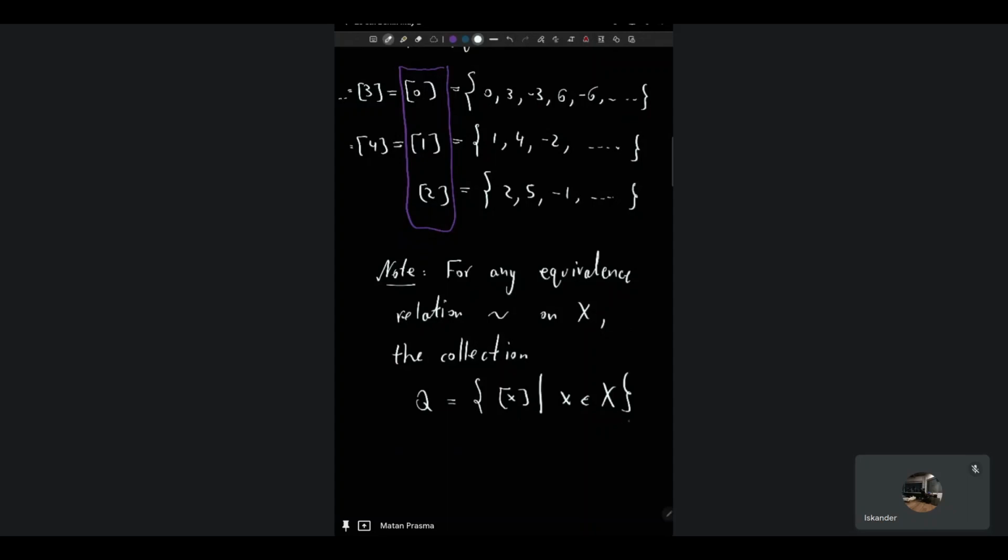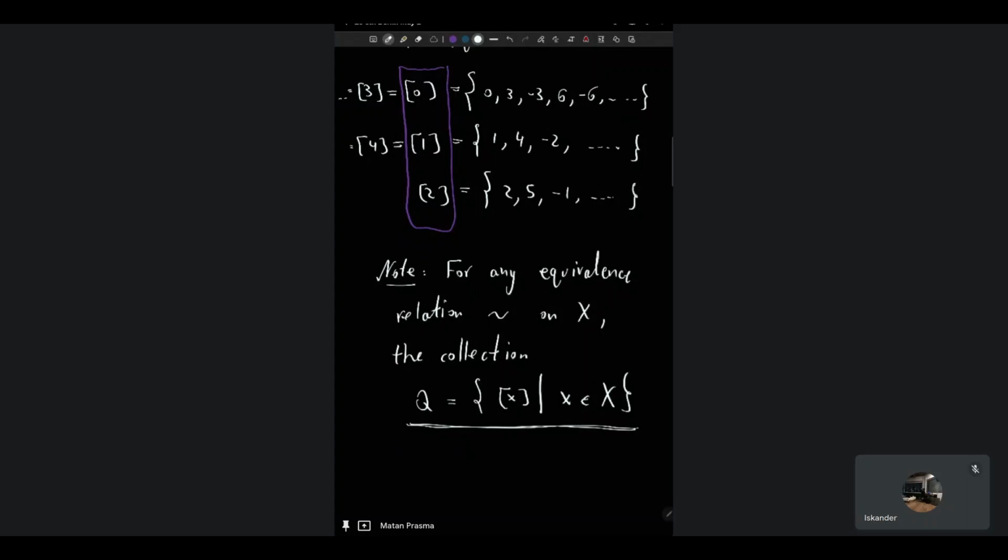You should note that when I write this definition, I mean I take the set of all equivalence classes of x of the relation. This set has a lot of repetitions, right? Whenever two elements are equivalent, their equivalence class will be the same.